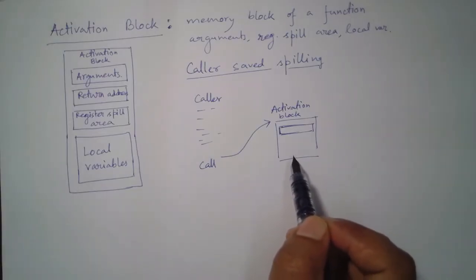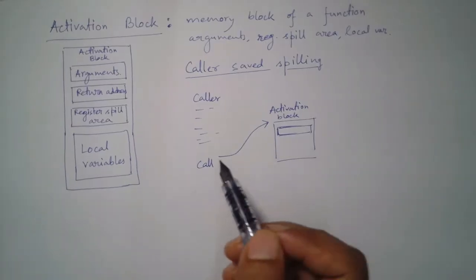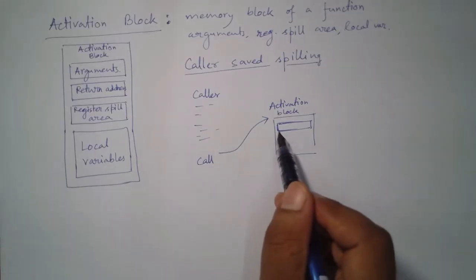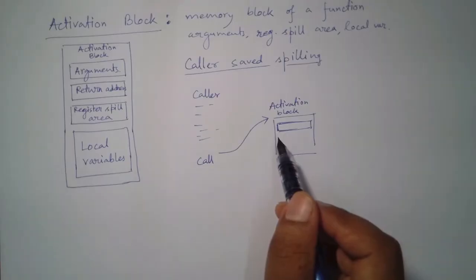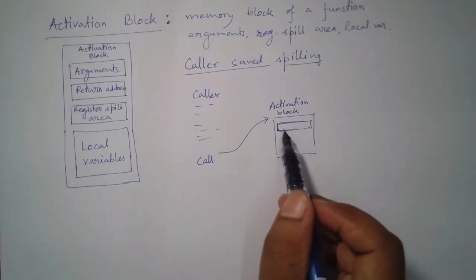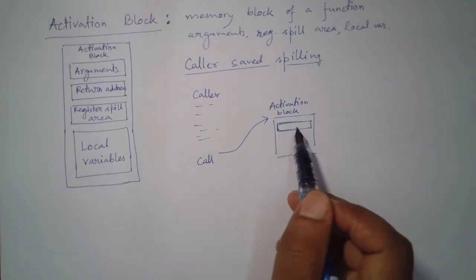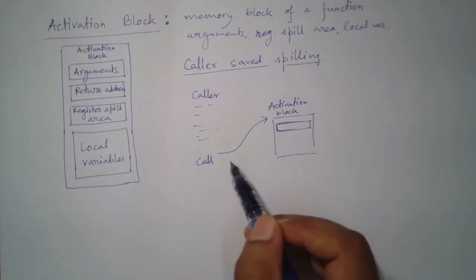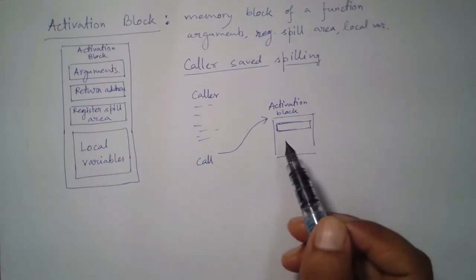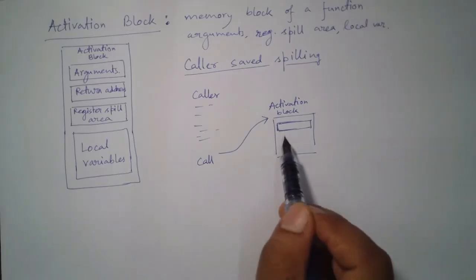Now, once the function ends, what will you do? You will restore the, basically you will figure out what the return address is, and all the return variables or the arguments that need to be returned to the main caller function. All these things are either written to the register or passed through the arguments, and then you destroy the activation block of the callee.